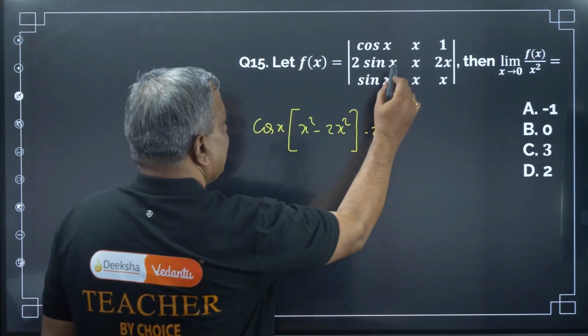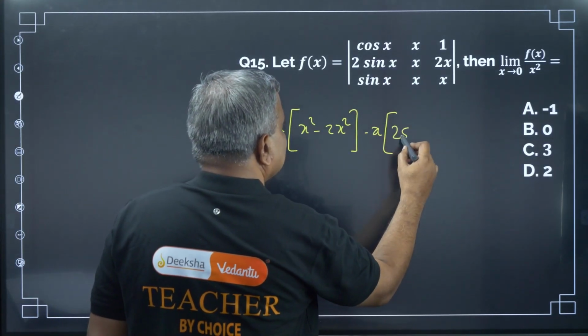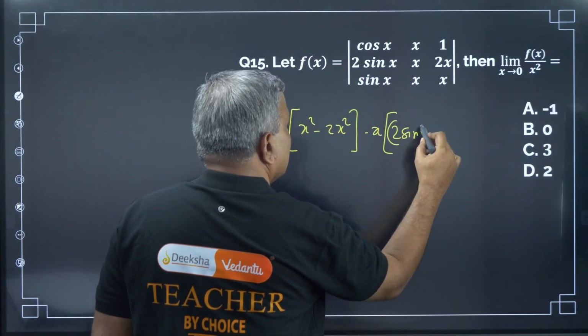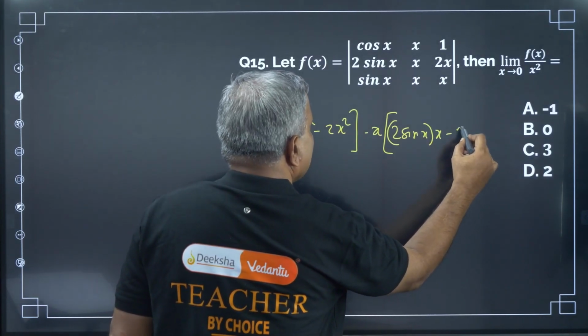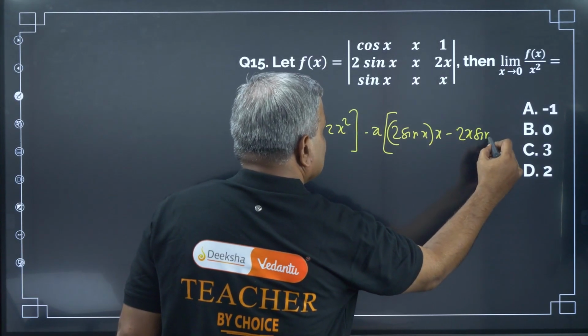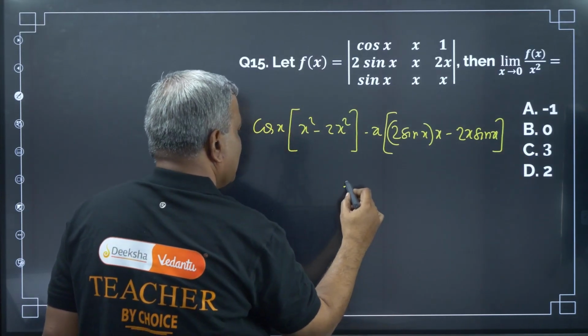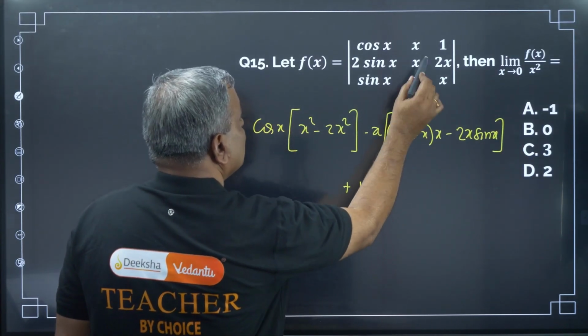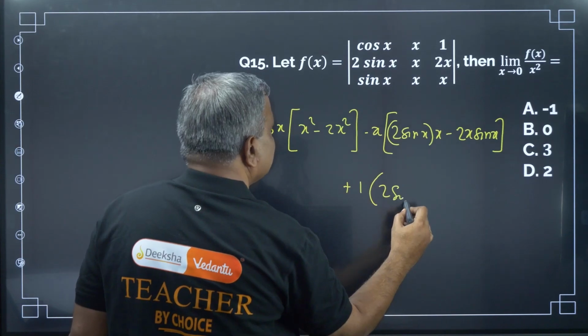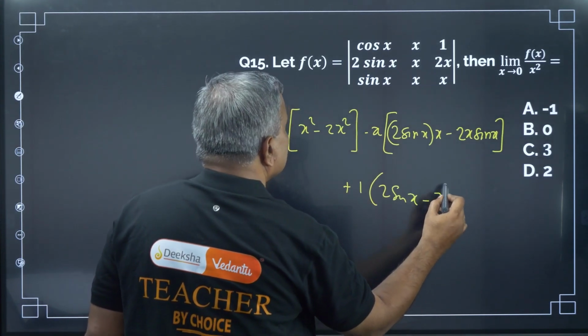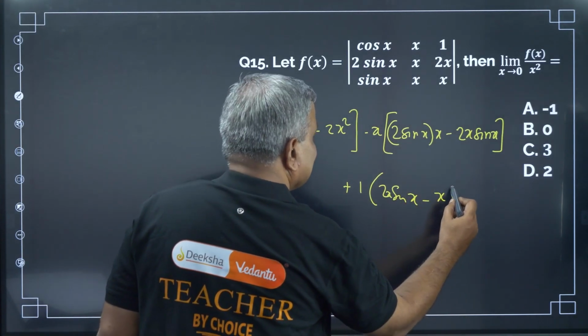Okay. So minus x, if you expand, we get 2 sin x into x minus 2x sin x. Okay, plus 1 into this will give you 2 sin x minus 2x sin x minus x sin x.